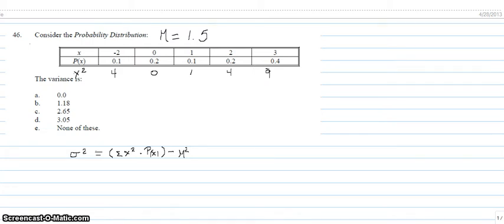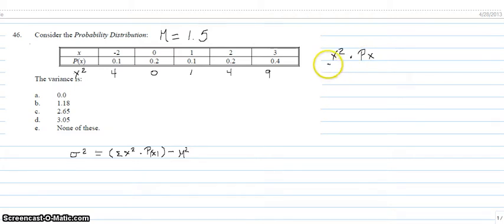The next step is we're going to have to get the sum of x squared times p of x. So I'm going to note that over here. First of all, we're going to have to take x squared and multiply that times p of x.